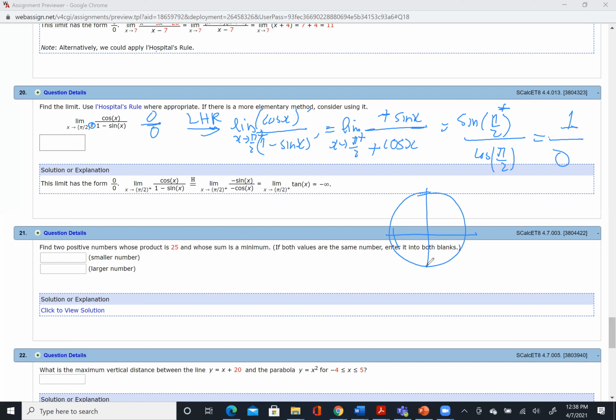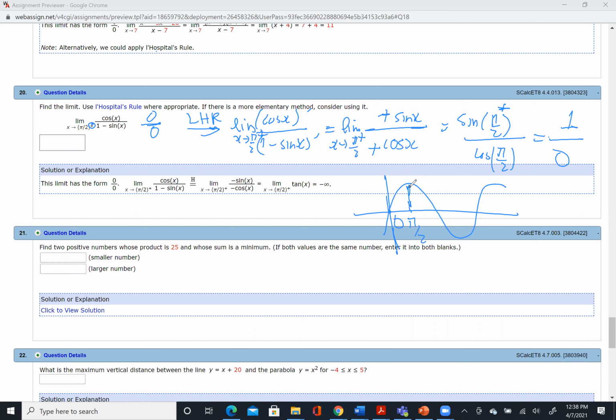Actually, let me draw the sine function. Here is 0, and here is pi over 2.